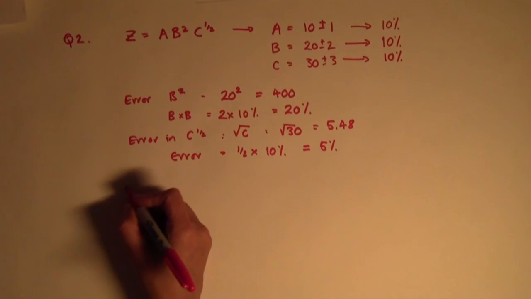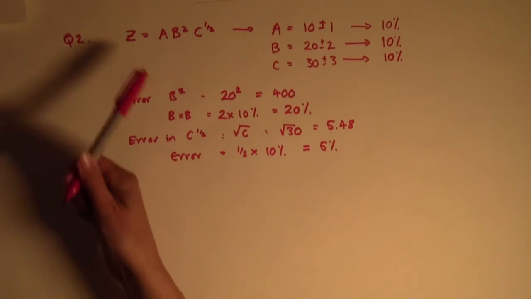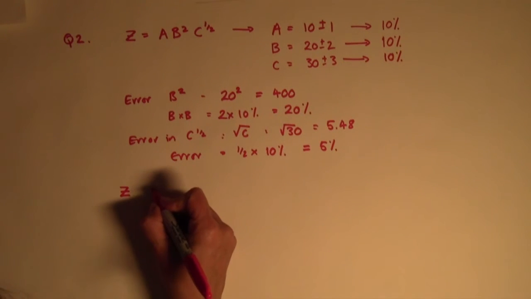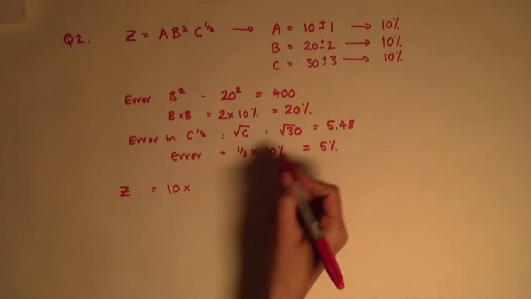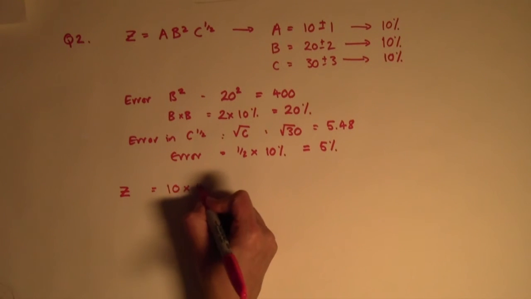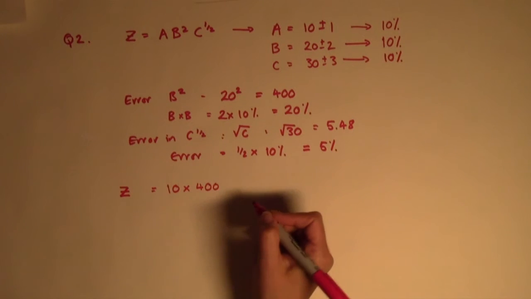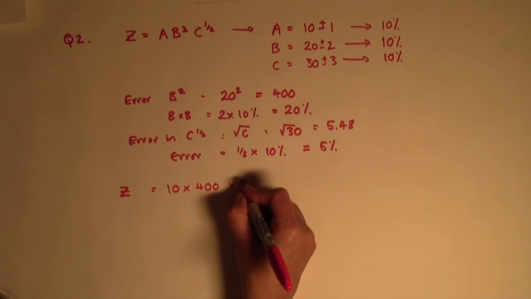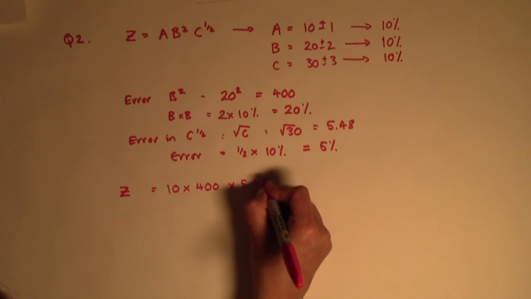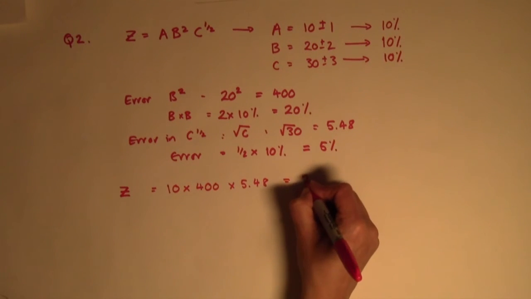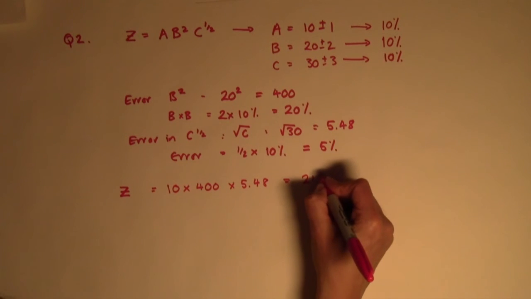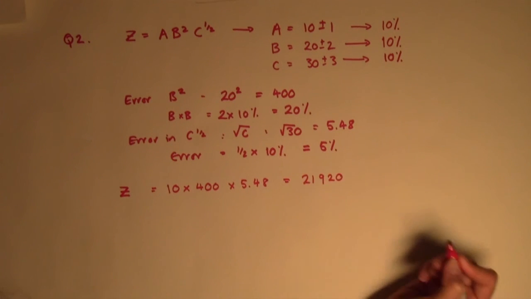Okay, so if we're looking at the value of z now, going back to the original problem, the value of z will be a, which is 10, times b squared, which is 400, times c to the power of a half, which is 5.48. Okay, and when you calculate that in your calculator, you get 21,920.